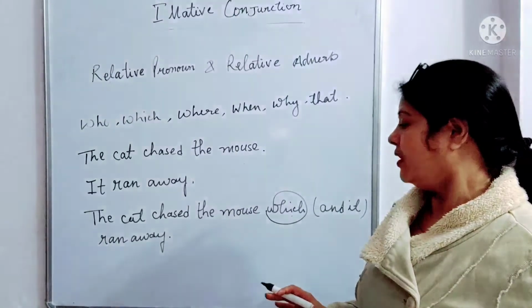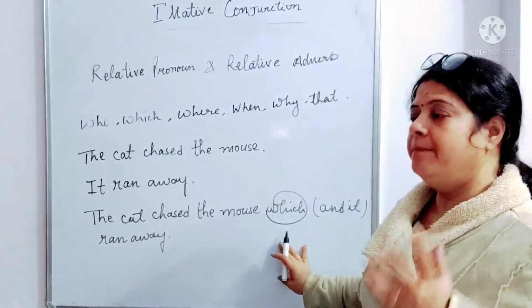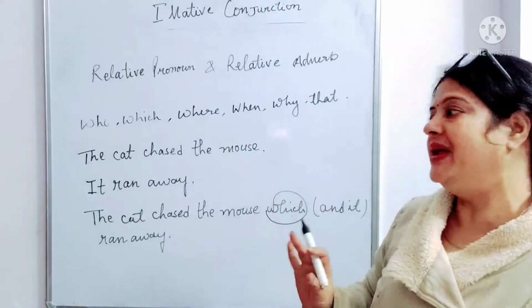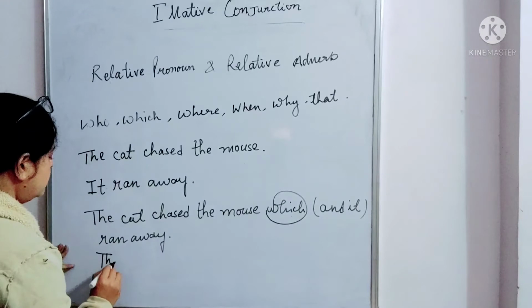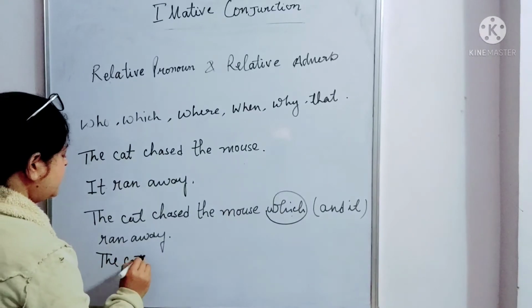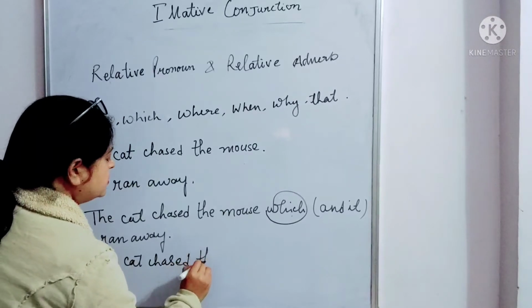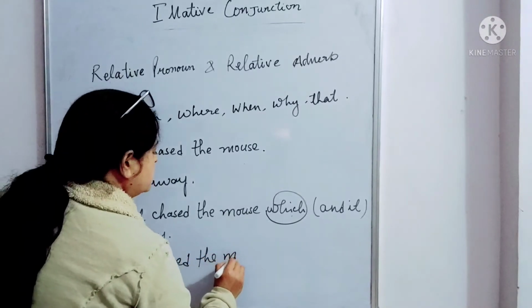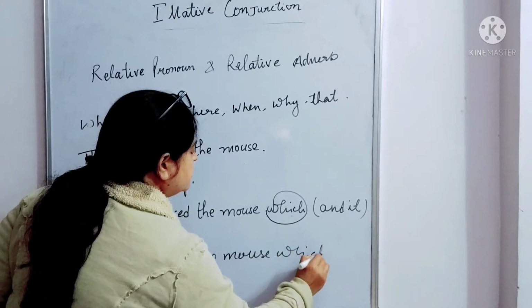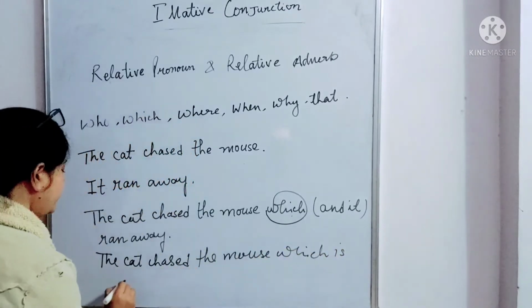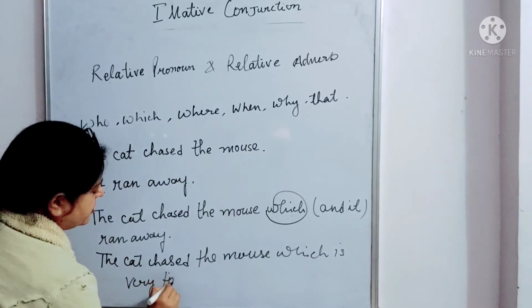Okay. But if we use it in restrictive sense to make a complex sentence, it would be like this: the cat chased the mouse, which is very tiny.